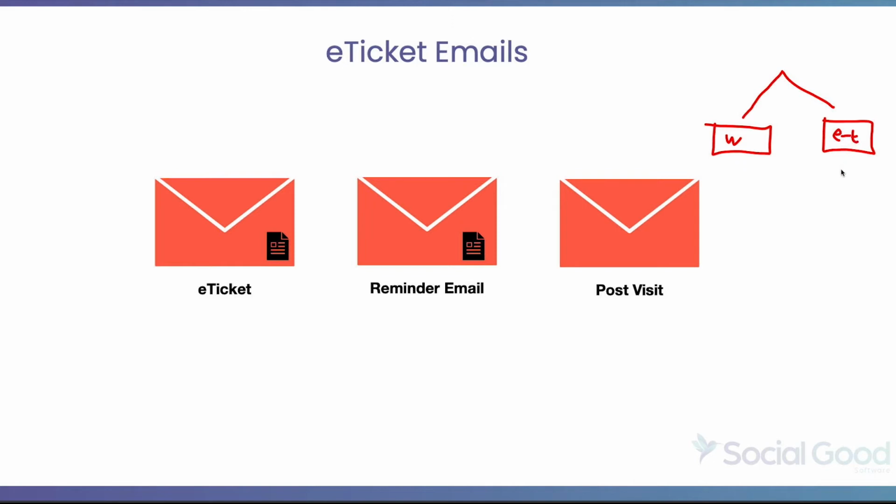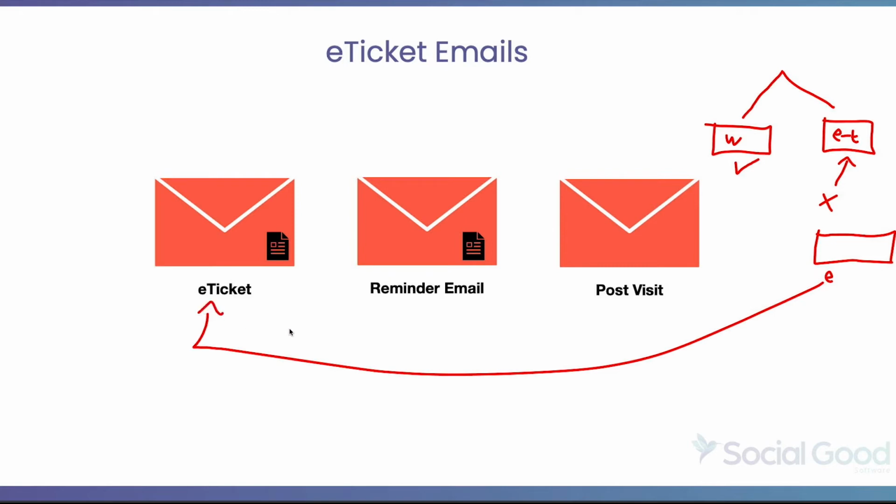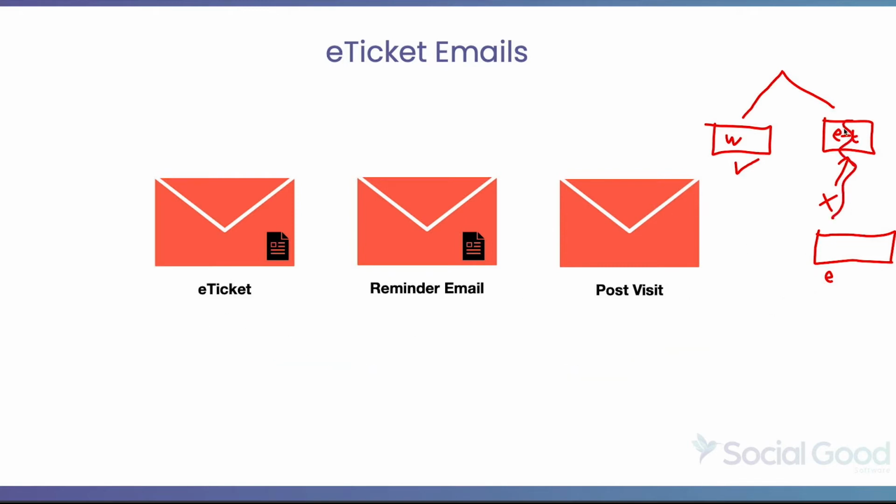So what we're going to do here is we're going to go ahead and disable this one. So this is going to get disabled. They will still get this one here. However, we're going to replace this one with the e-ticket email, which is this email right here. So that's the one that's going to go out, and this is going to go away, and we're going to use this one here.